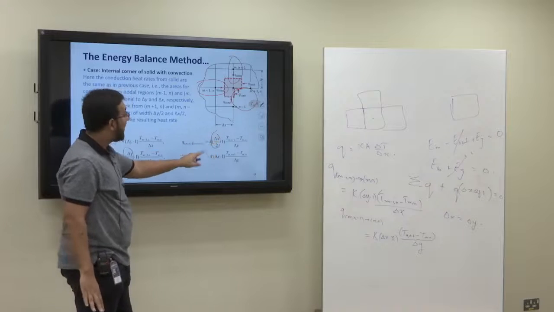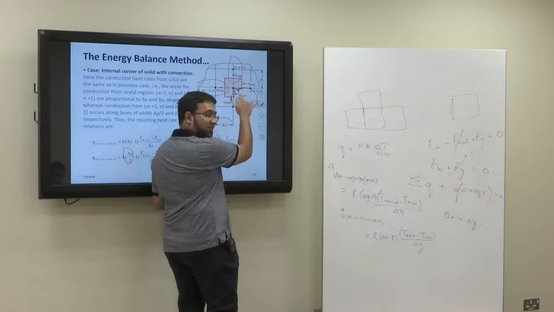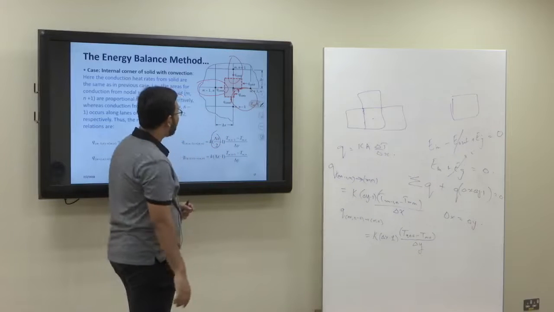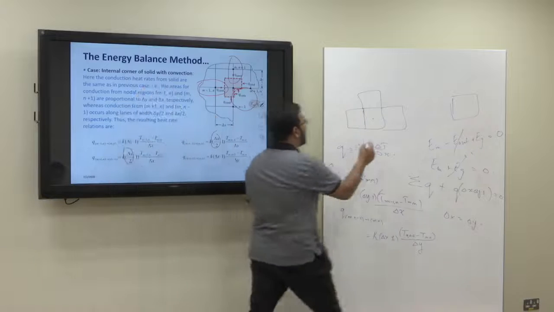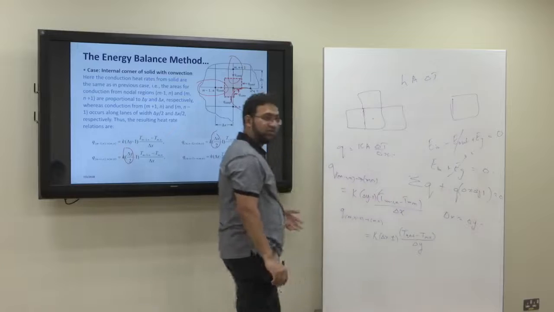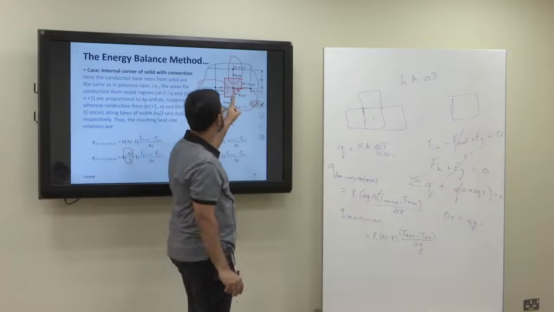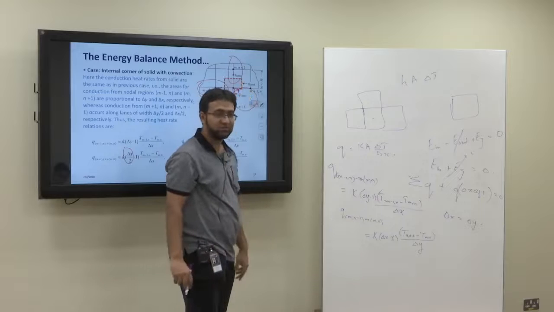Okay? Other than conduction, now you also have convection here. So convection will be what? Convection is h A delta T. Right? So you have one convection in this direction, one convection in this direction.